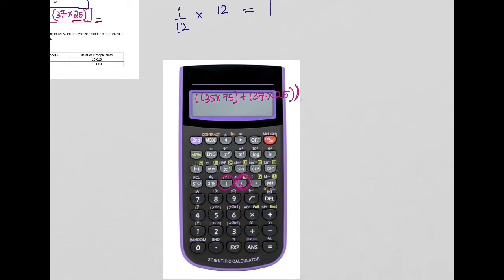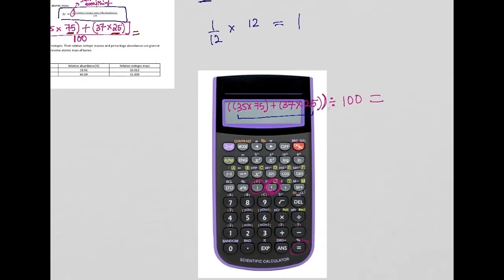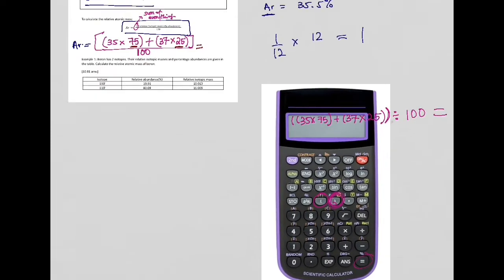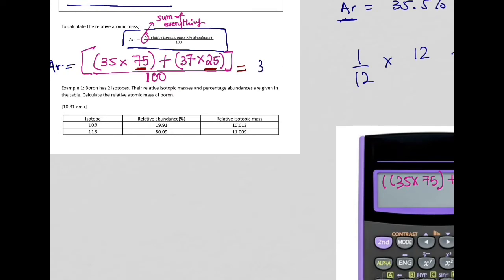Then you type divide by 100, and then the equal sign. I would prefer that you do it in one line and use the brackets correctly. If you do that, you should get the answer to be 35.5. This is why in the periodic table you have decimal values as the relative atomic mass of elements.